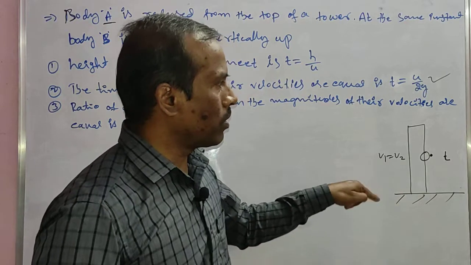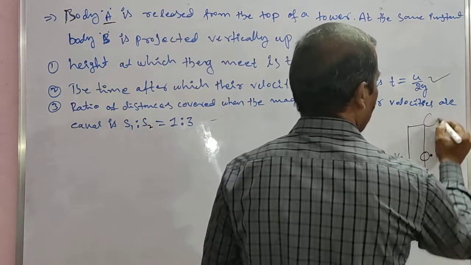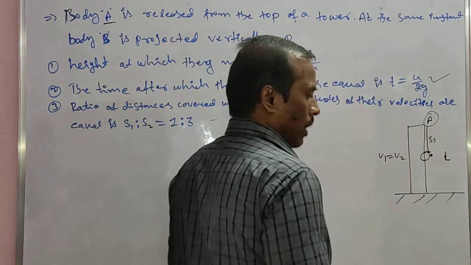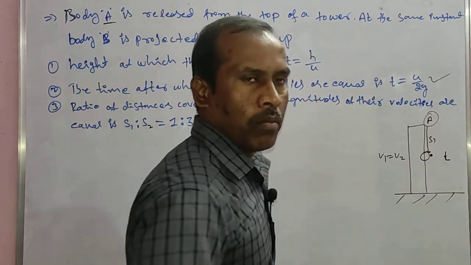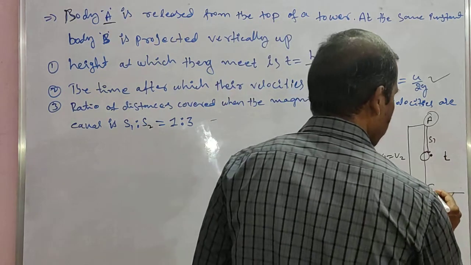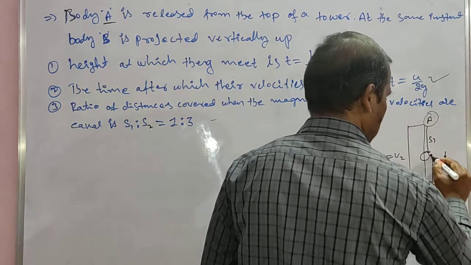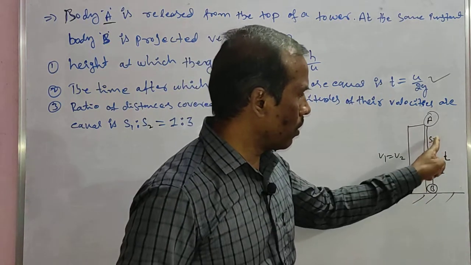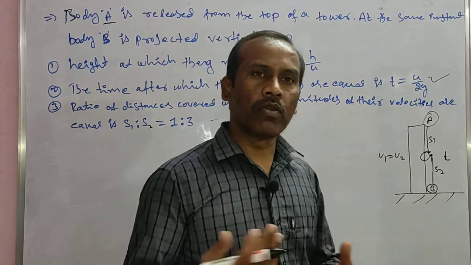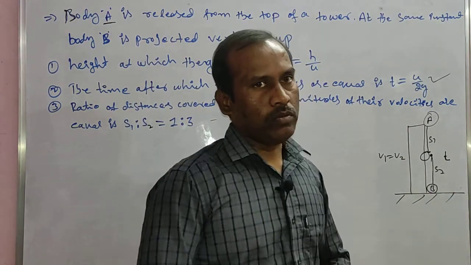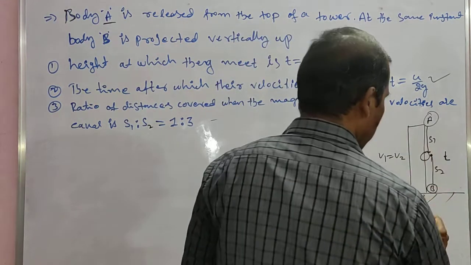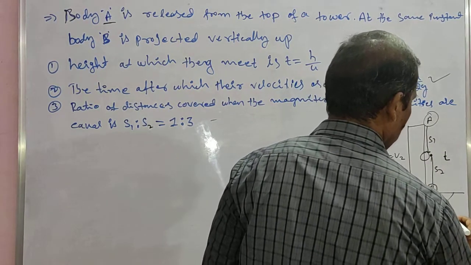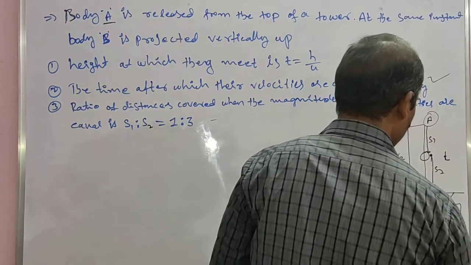The distance covered by the first body, body A, is s1. The distance covered by body B is s2. Now we prove the ratio of their distances s1 is to s2 is equal to 1 is to 3.